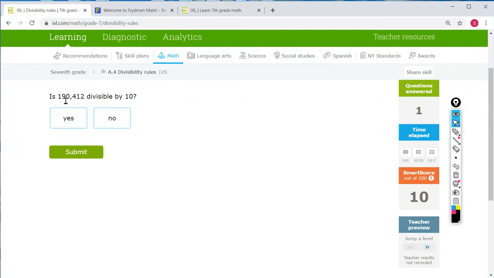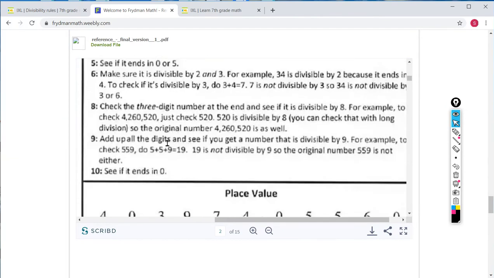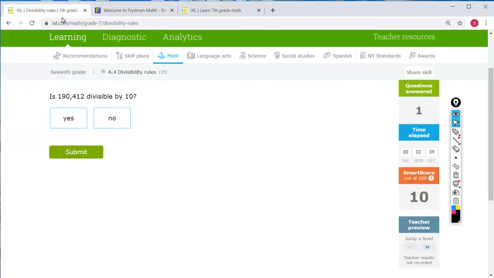Is 190,412 divisible by 10? Well, how can we figure that out? To see if a number is divisible by 10, all we have to do is see if it ends in 0. Well, this number over here does not end in 0. It ends in a 2.